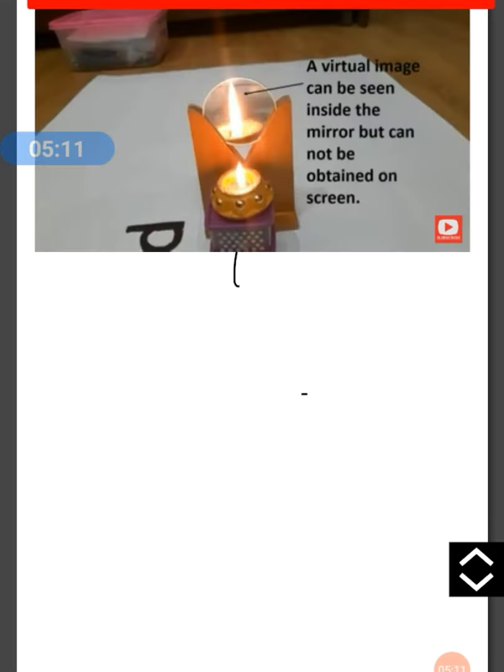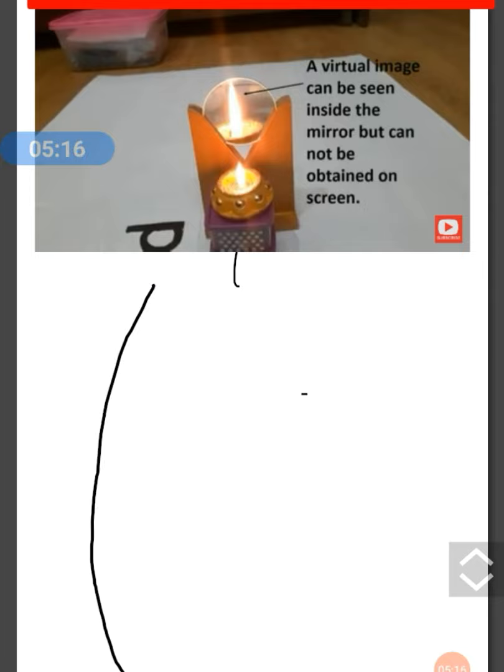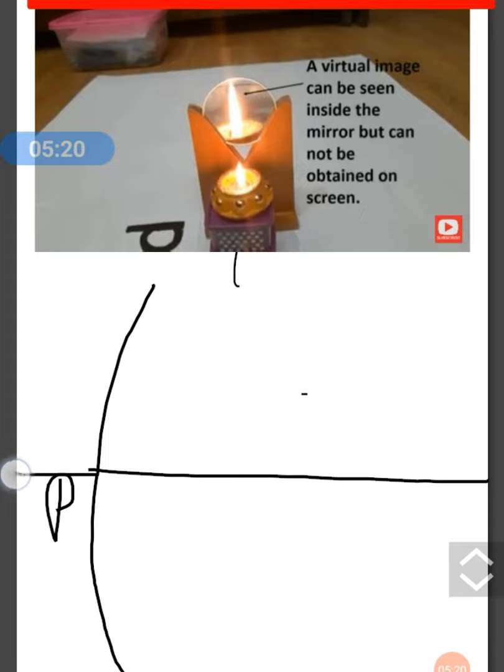Next, see here, if you take the object between the pole and the focus, the image is formed inside the mirror. So a virtual image can be seen inside the mirror. Okay, it cannot be obtained on the screen. See, between the pole and F we are putting the object.